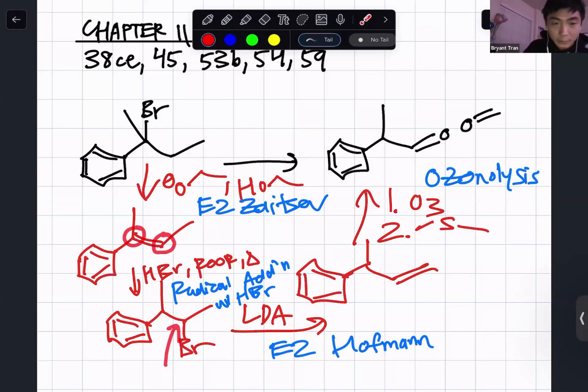We can only add bromine to either one of those carbons on the alkene, right? The more substituted carbon or the less substituted carbon. And when we do HBr, ROOR, we have to add bromine to the less substituted carbon, right? There's no alkene on that primary carbon right there.